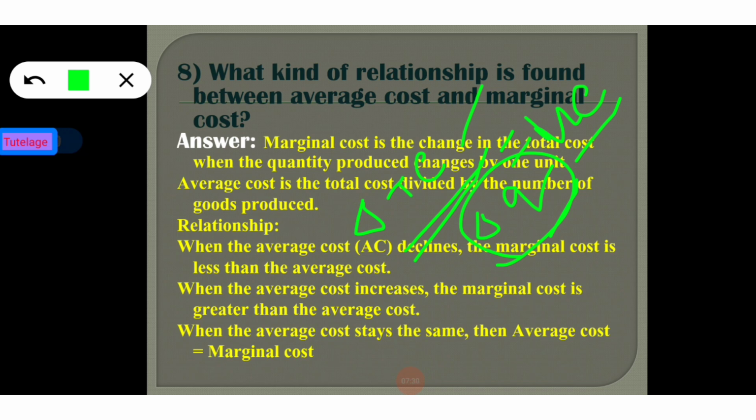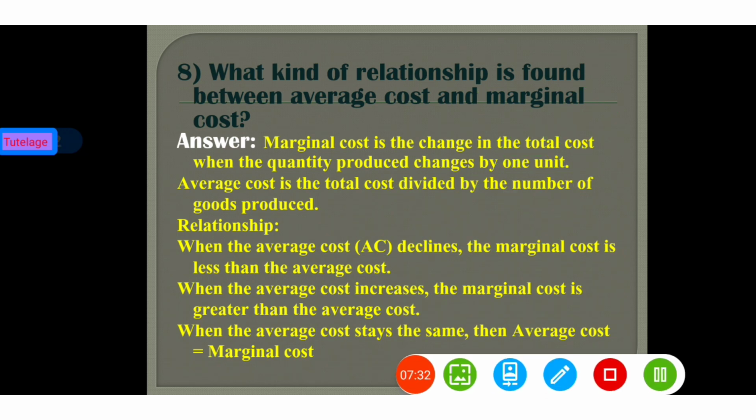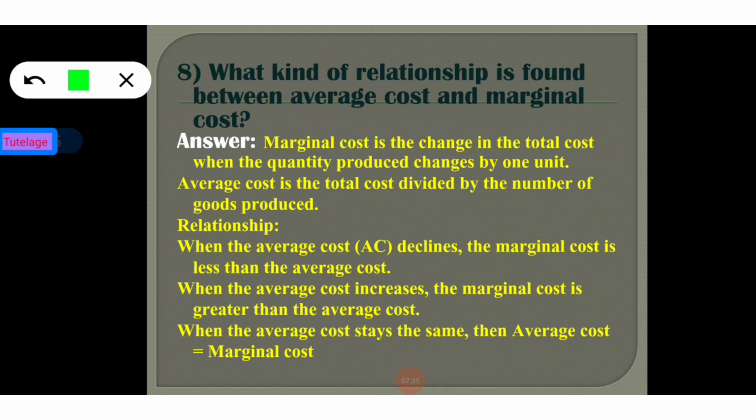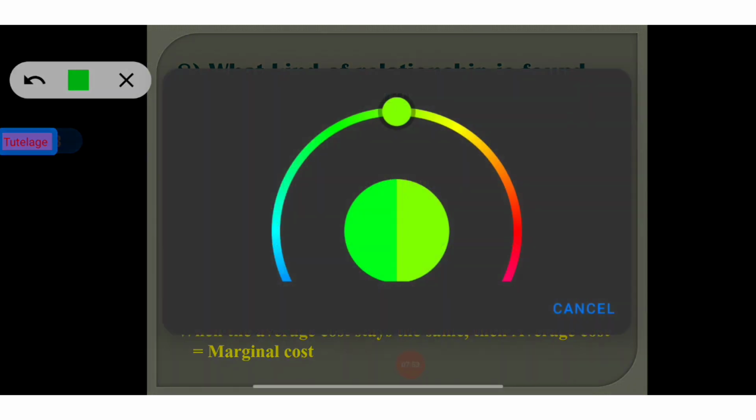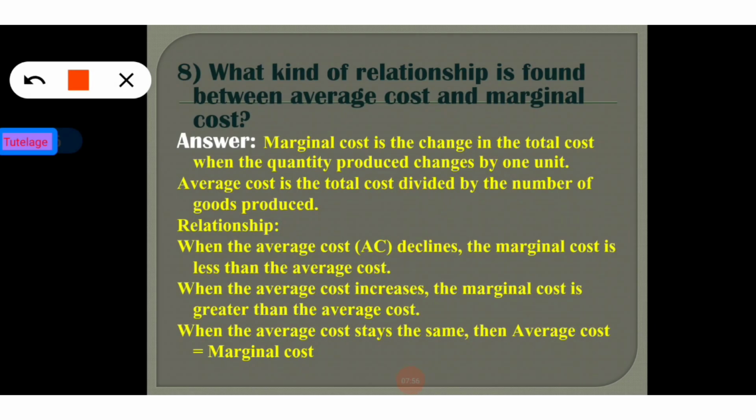Okay, so now going to the relationship. So the first relationship, when the average cost declines, that means AC declines, marginal cost MC is less than AC. Clear? Second one, when the average cost increases, that means AC increases, MC is greater than AC.